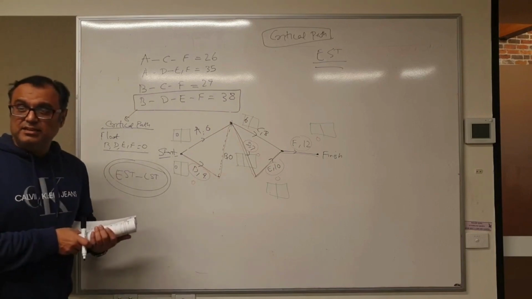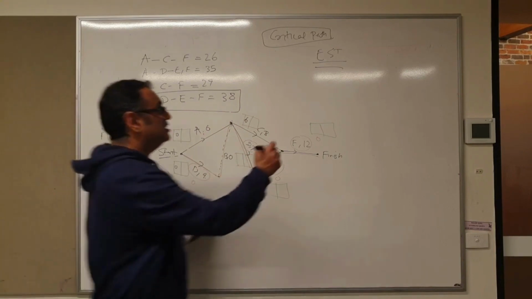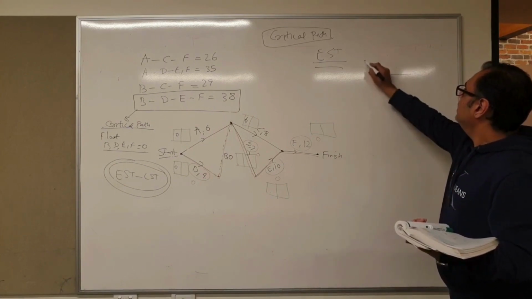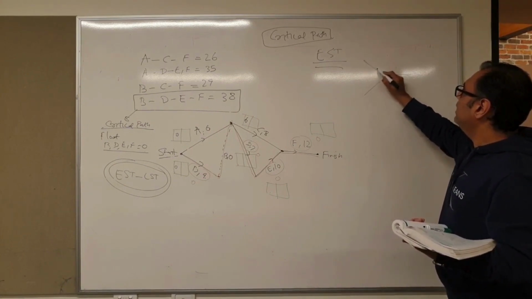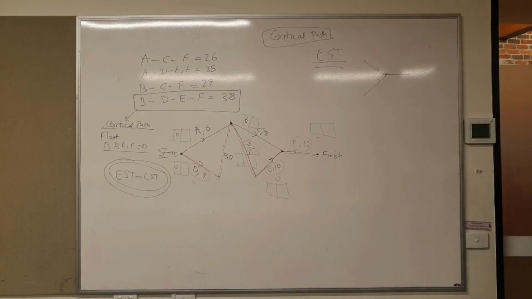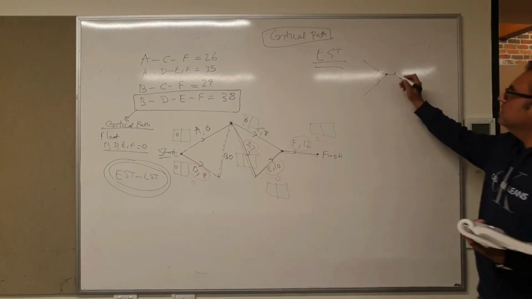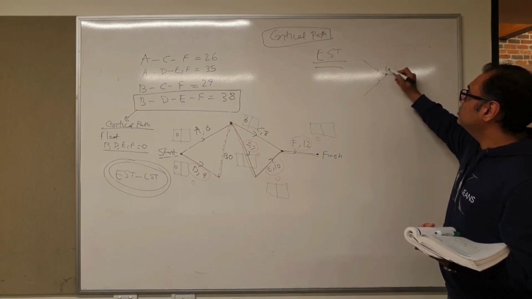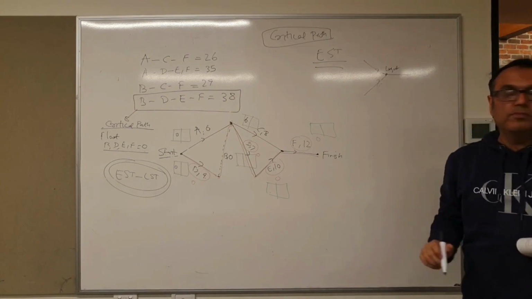In EST, when you have a situation where one activity is being approached by two different activities with different times, you pick up the largest value of the two.